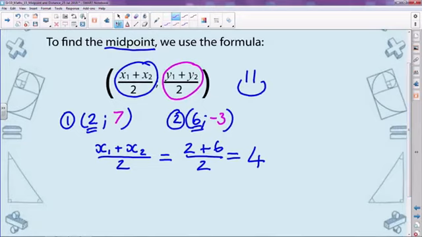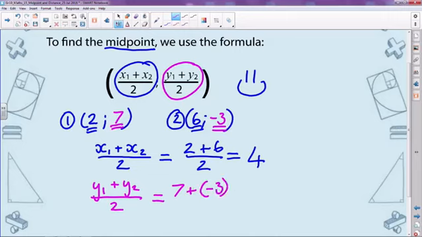And let's do the y values now. So the y calculation is y1 plus y2 over 2. Our y1 value is 7, and our y2 value is minus 3. So I'm just going to put it in brackets. Not really because I need it, but because it just helps me.